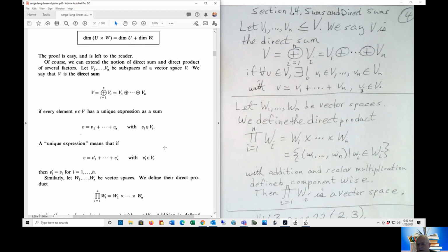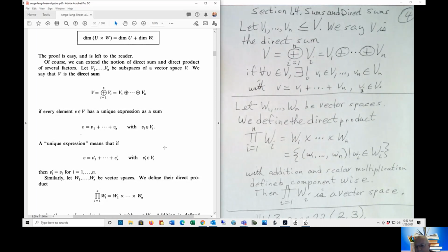V is the direct sum, i goes from 1 to n, of Vi, V1 direct sum, dot, dot, dot, direct sum Vn, if for every v in V, there exist unique vectors v1 in V1 through vn in Vn, with v equal to the sum v1 plus v2 plus dot, dot, dot, plus vn, where vi is in Vi.